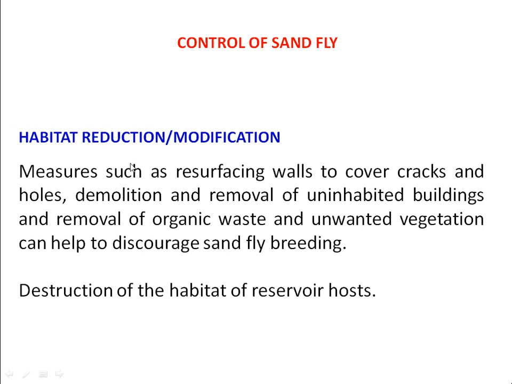The destruction of the habitat and the modification of the habitat involves measures such as resurfacing the walls to cover the cracks and holes, demolition and removal of uninhabited buildings, and removal of organic waste and unwanted vegetation, which can help to discourage sandfly breeding. This has to be done by human beings.